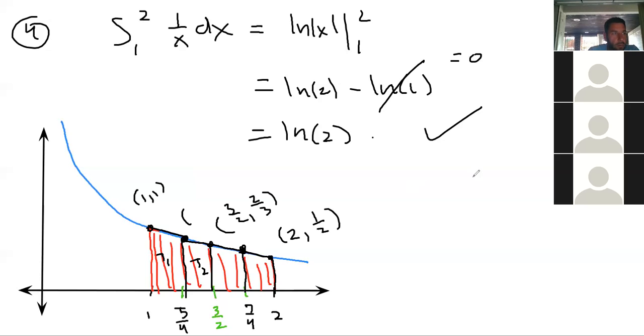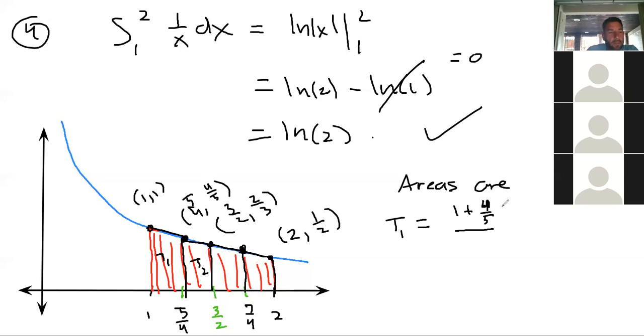So what's T1? What's the area of that trapezoid? The way it works is you take the 2 y coordinates, which is 1, plus the y coordinate here, which is 4/5, all over 2, and then times the width.